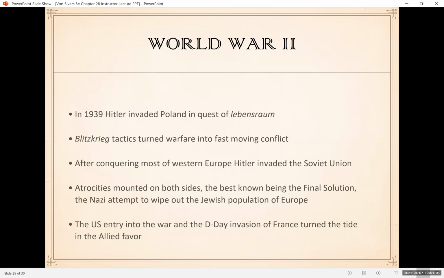He takes away rights of citizenship. He takes away rights to vote. He takes away rights of movement. He takes away their ability to arm. And eventually, we see him attempt to wipe out the Jewish population of Europe. And this is the building of the concentration camps and, of course, the final solution.